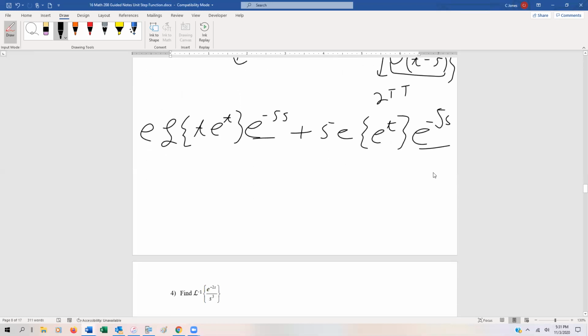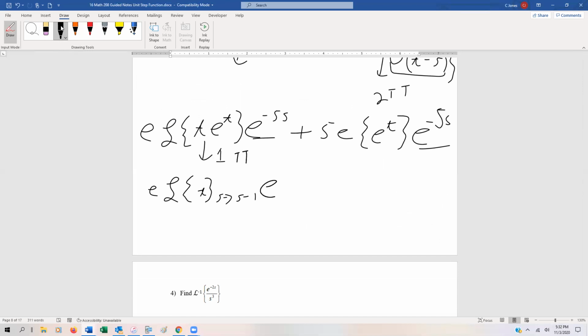And now we can go ahead. On this one, we have a first translation theorem. All right, so that's going to be as s approaches s minus 1. So let's just set that one up. So we're going to have e times the Laplace of t as s approaches s minus 1. Okay, and that's old stuff. That's our first translation theorem.